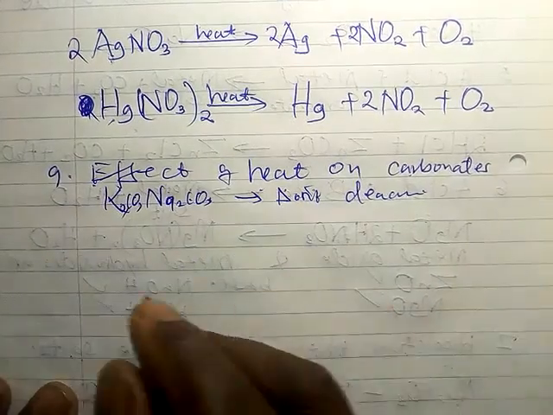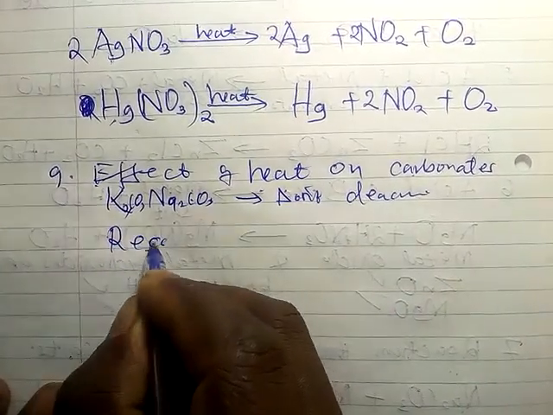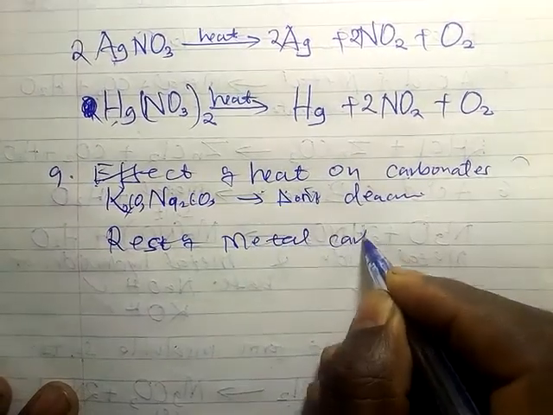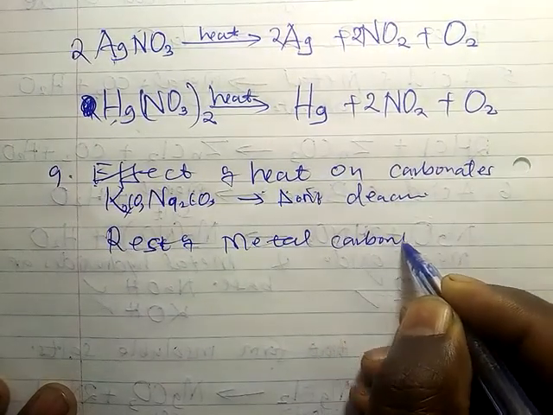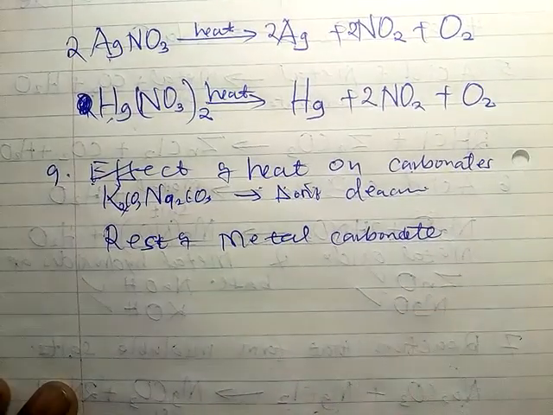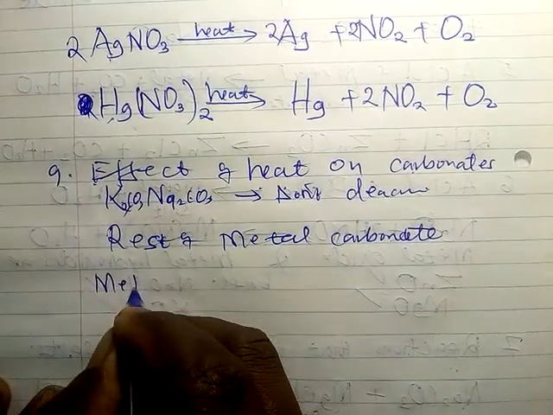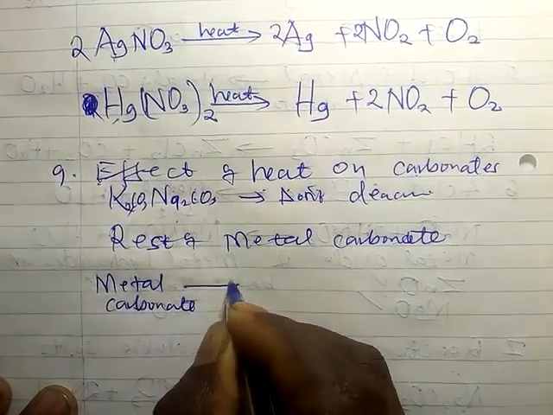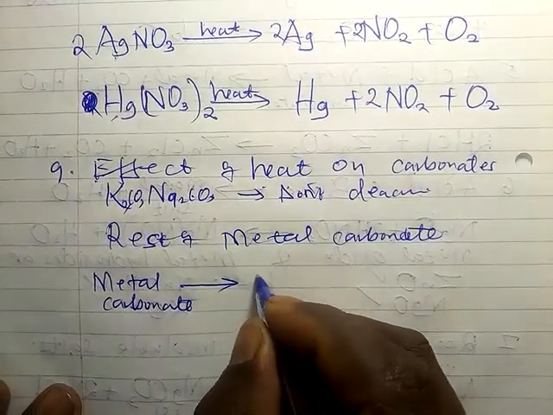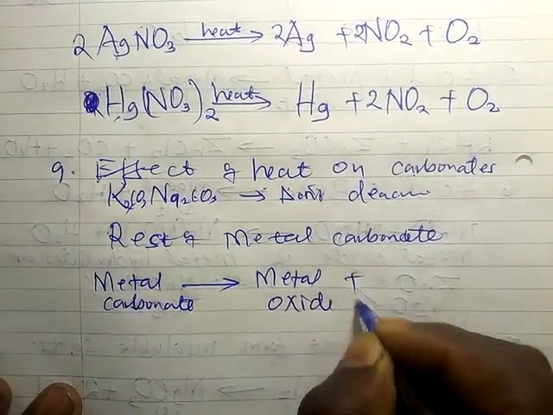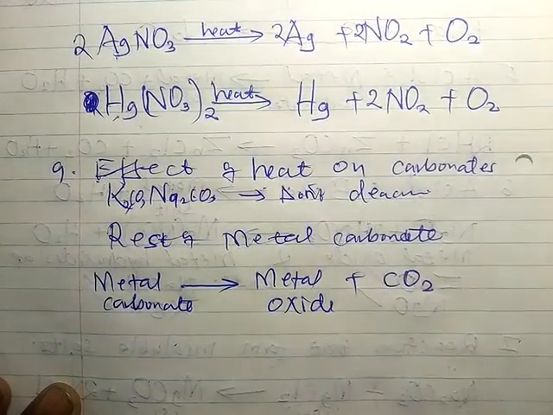But the rest of the metal carbonates decompose when heated. So let me generally write that metal carbonate. When you heat a metal carbonate, it decomposes to give you the metal oxide plus carbon 4 oxide, as simple as that.